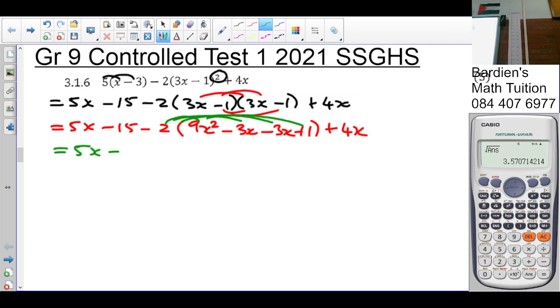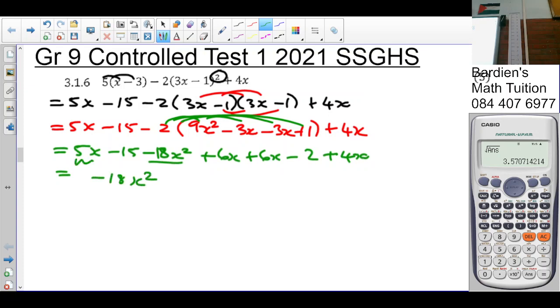So it's 5x minus 15 minus 18x squared plus 6x plus 6x minus 2 plus 4x. Now we add like terms. So you're going to get negative 18x squared. What is 5 plus 6? 11, 17, 21. You get 21x minus 17.